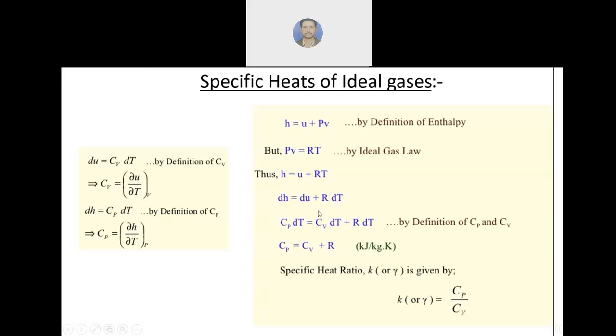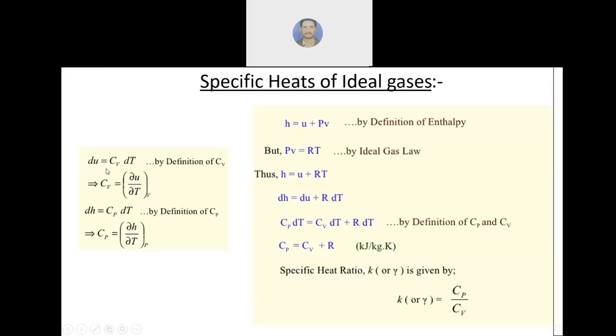Now put the values of dh and du. Take dT common and cancel it. We'll get Cp equals Cv plus R. Unit is kilojoule per kg Kelvin, or degree Celsius or Kelvin, depending on the question. This is one of the important relationships.